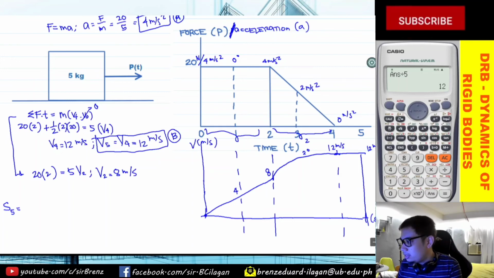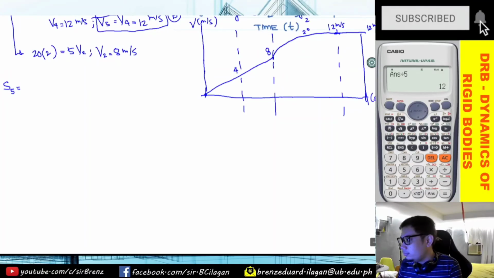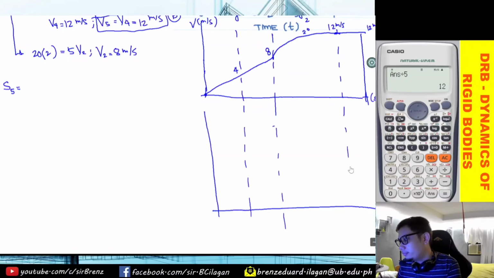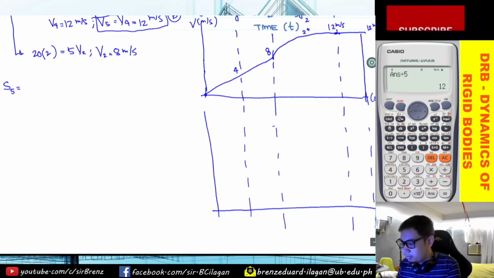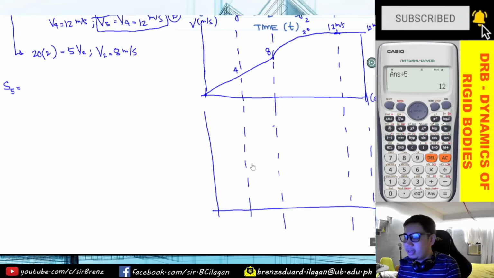So again, i-lower ko lang yung ating diagram. Ayan. Siguro pwede na natin siya idiretso dito. This is the shape of a triangle lang naman.